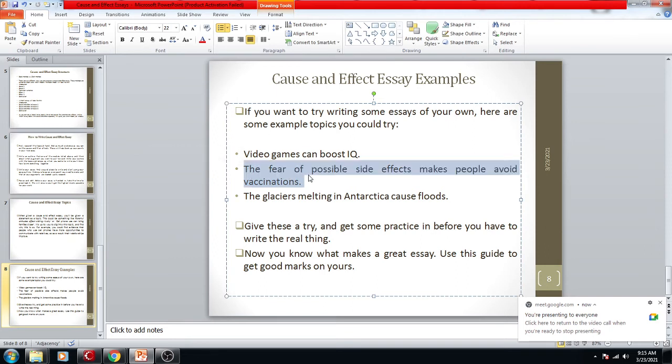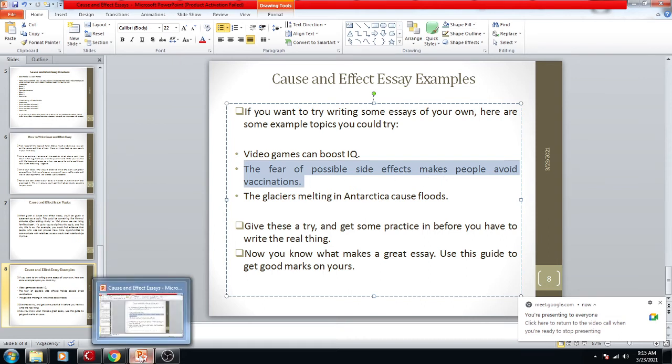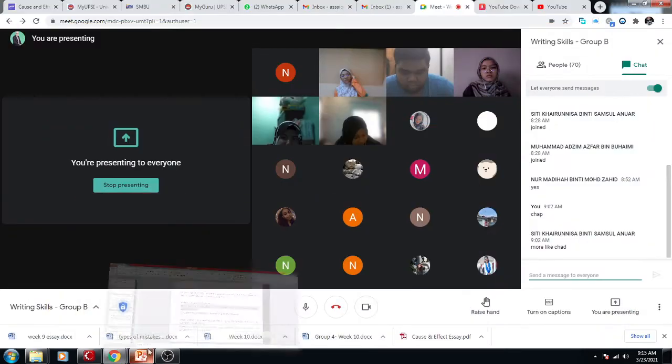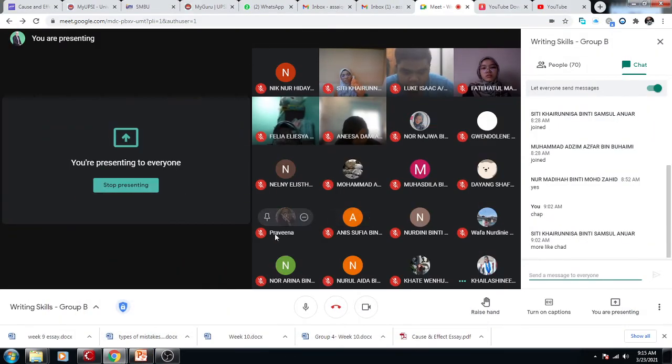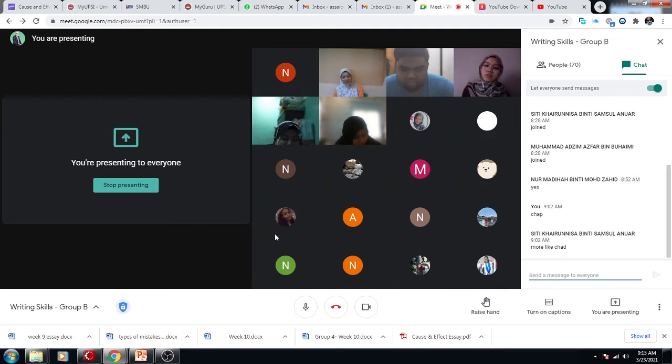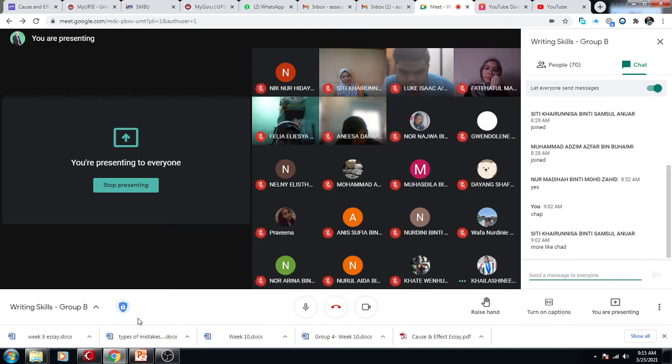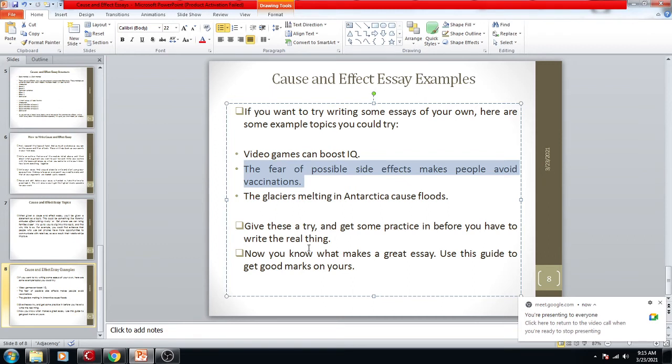So this is effects. It can be the causes. There are several reasons why people avoid vaccinations or want to avoid vaccinations.